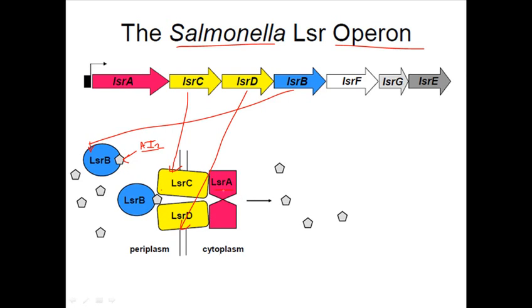Here LsrA is attached to the LsrC and D. And whenever the LsrB along with autoinducer 2 binds with the LsrC and D, a conformational change occurs, and then the LsrA, which is the ATPase molecule, harvests the energy of ATP, hydrolyzes the ATP into ADP plus inorganic phosphate, and finally it drives the entry of this autoinducer molecule inside the cell.